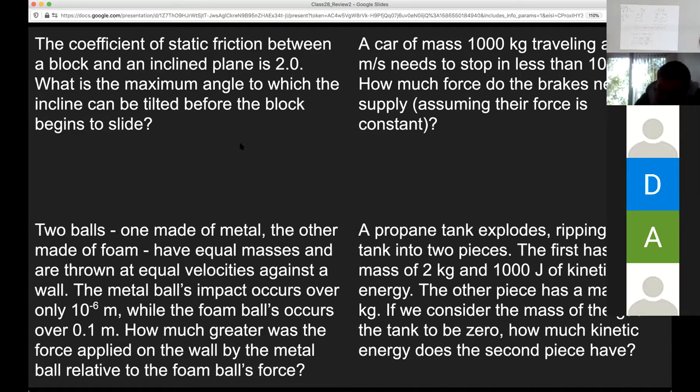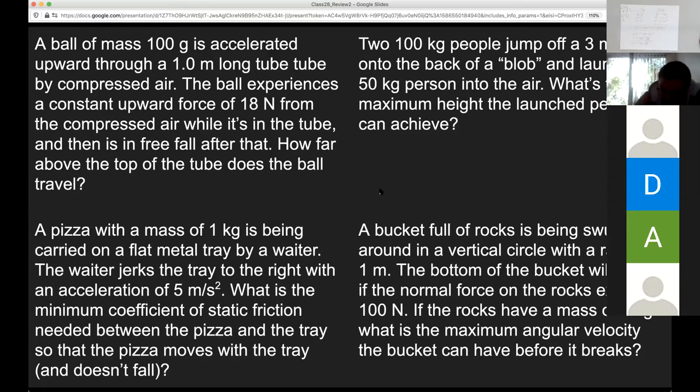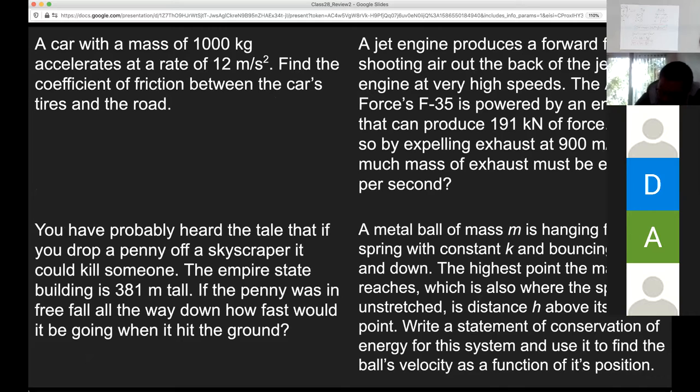So on this page, we've got all but the one we just did. On the first page, we've done the 2 on the left. And then on the last page, we've done the two on the bottom.